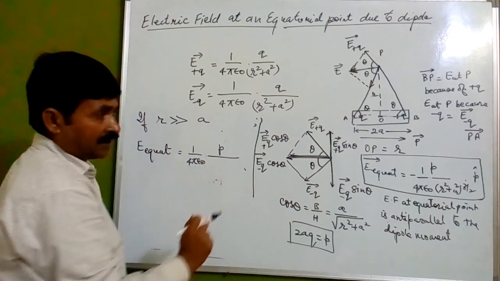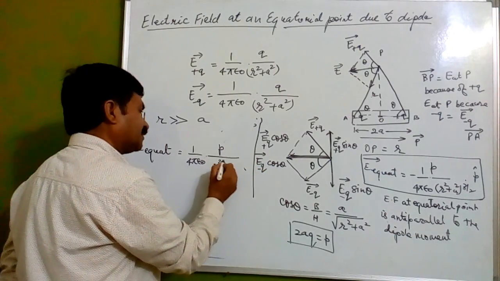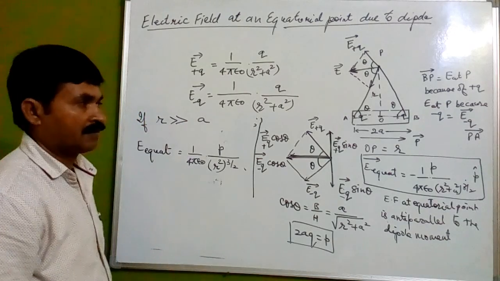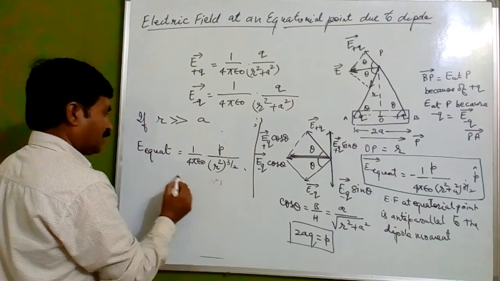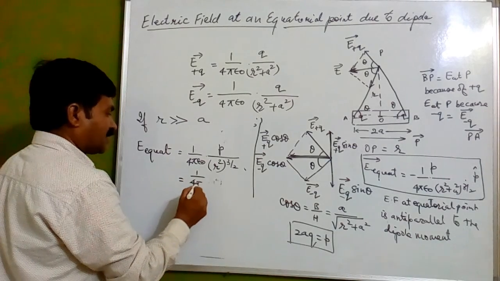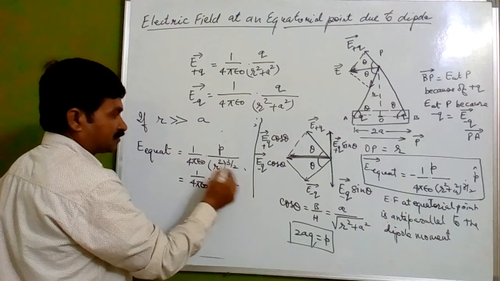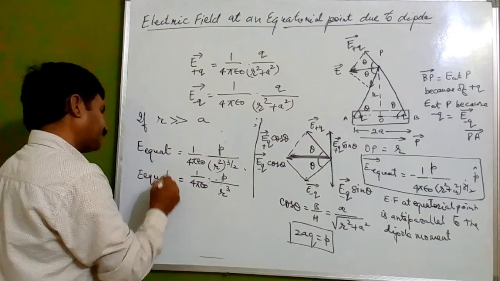Now see here, r is much greater than a, so finally we can write 1 upon 4 pi epsilon naught P upon r to the power 3.